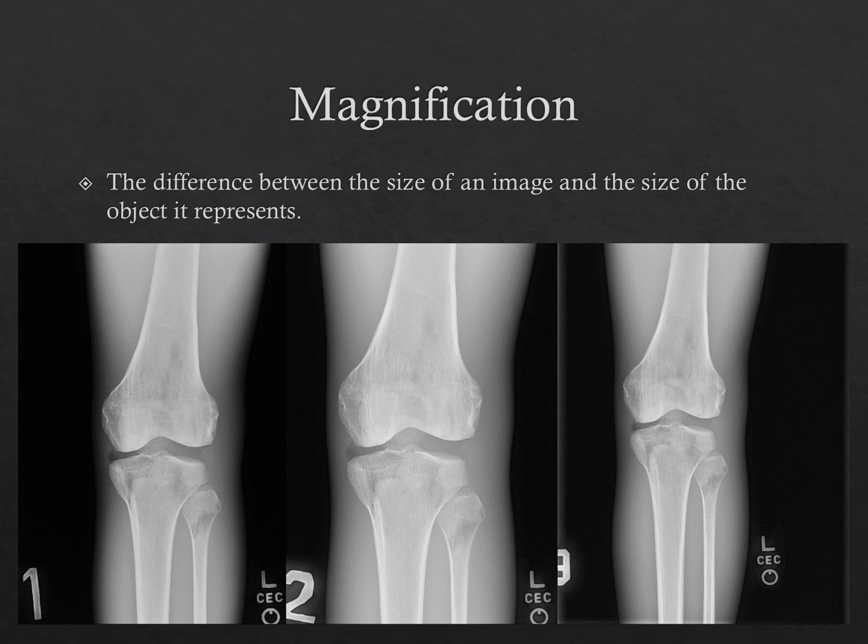Even though it looks a little smaller, I can still see the details better because I have compensated for the increase in object image distance by increasing my SID. So in this far right image, I have reduced the penumbra that is visible in the middle image. I have increased the distance from the source to the image receptor, thereby reducing the appearance of magnification, and I have decreased the amount of penumbra visible in my image.